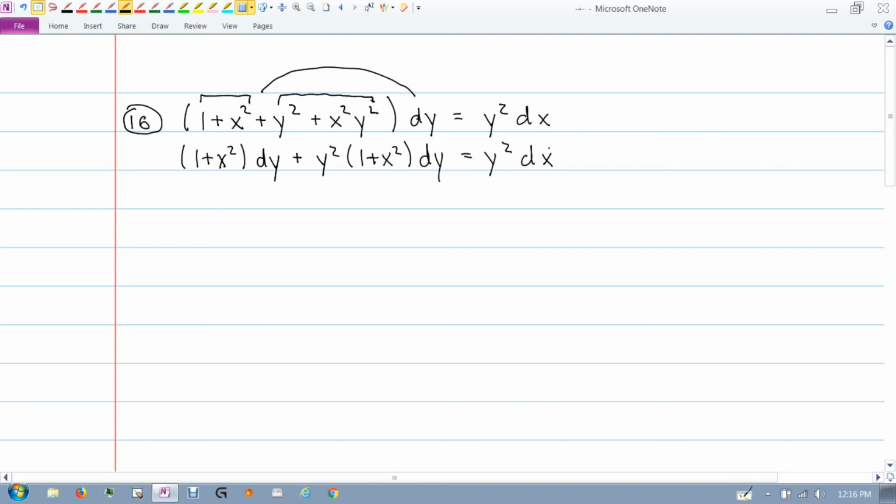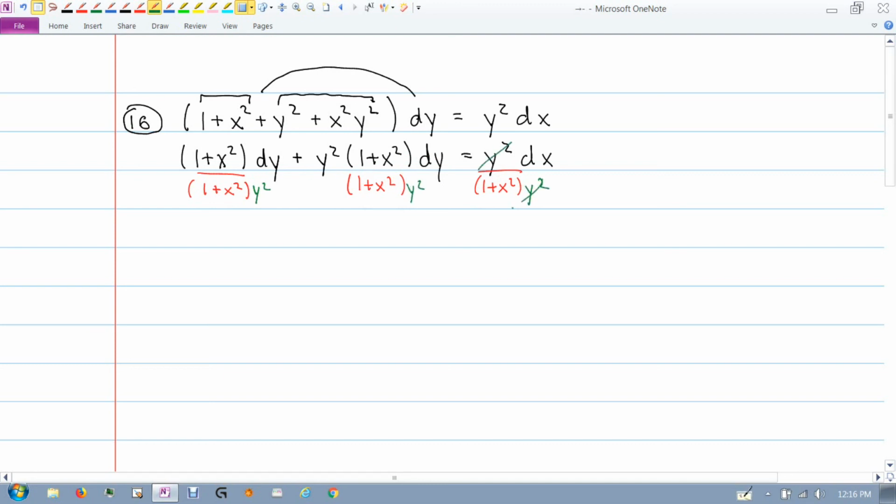Now, why don't we divide both sides by 1 plus x squared? How about that? That works out nice. Like that, and then at the same time, why don't we divide everything by y squared?